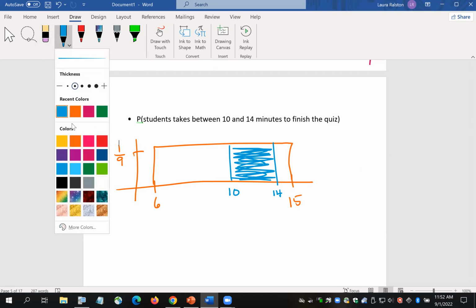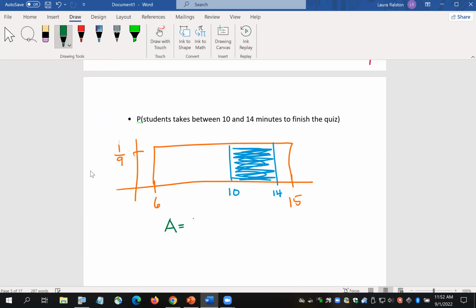And again, to figure it, I can figure the area under the curve. And again, the area under the curve is length times width for a rectangle. Well, 10 to 14 gives me 4. 14 minus 10 is 4. So my length is 4. My width or my height is 1/9.